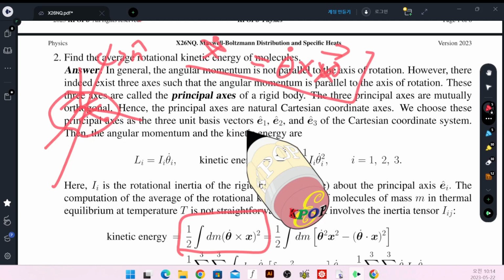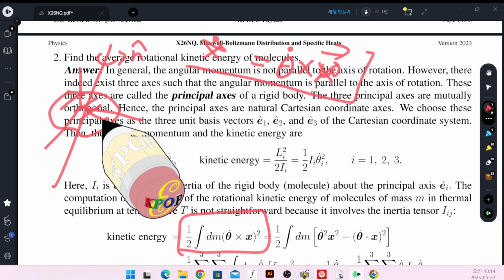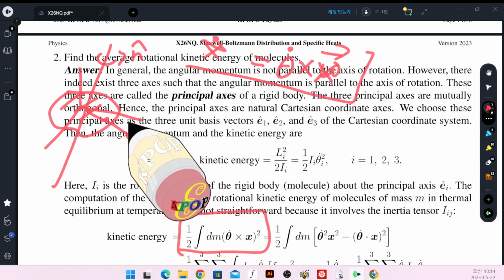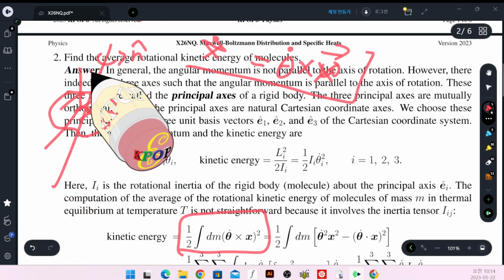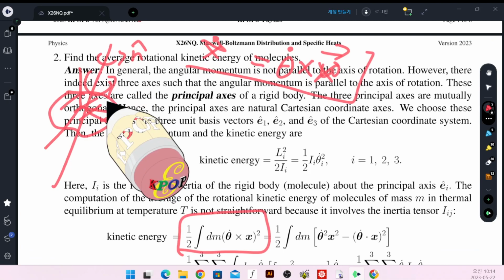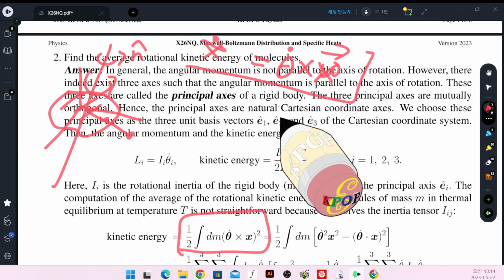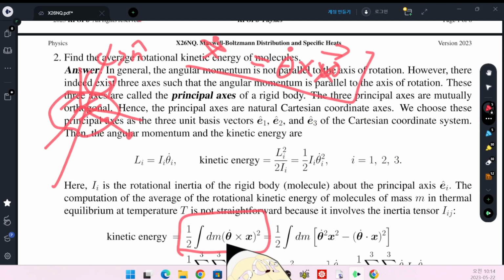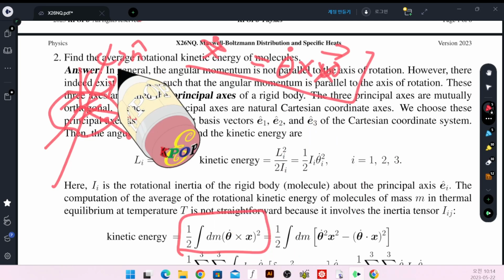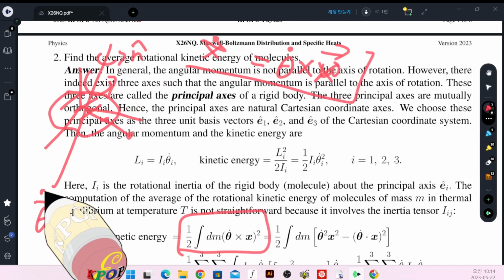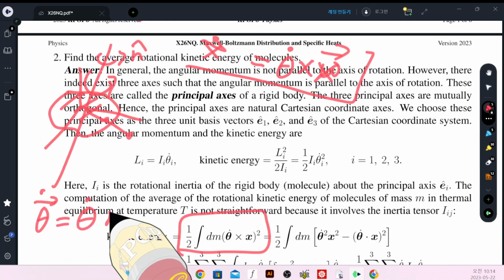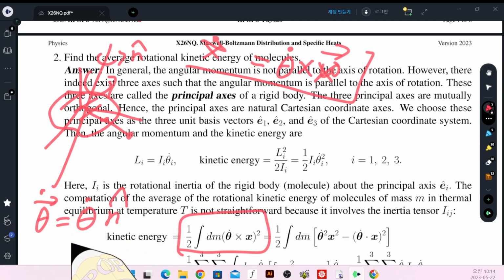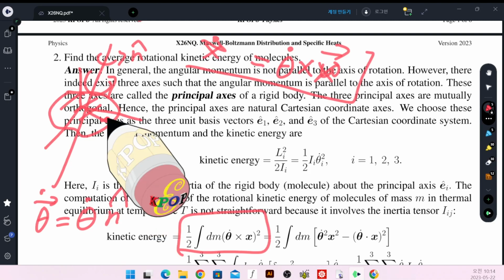The displacement due to the rotation of an object about a fixed axis is omega cross something. Theta dot is the angular velocity, assumed to be along a fixed axis.